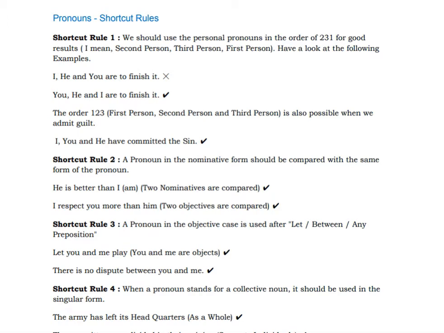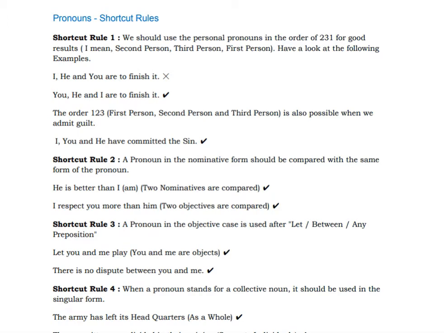He, which is third person, he, she, it, that's a third person, so that will be second in the order. And I, that is the first person, will be third in the order. You, he and I are to finish it. So what is the order? 2, 3, 1. Remember the order.